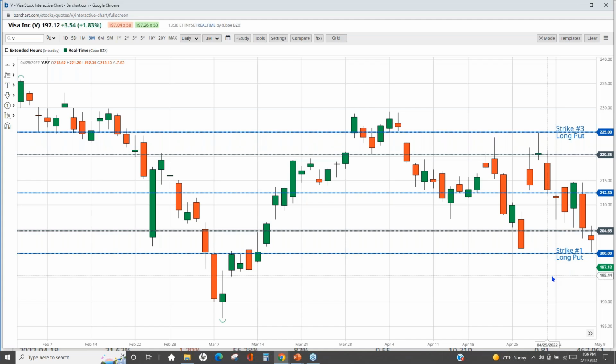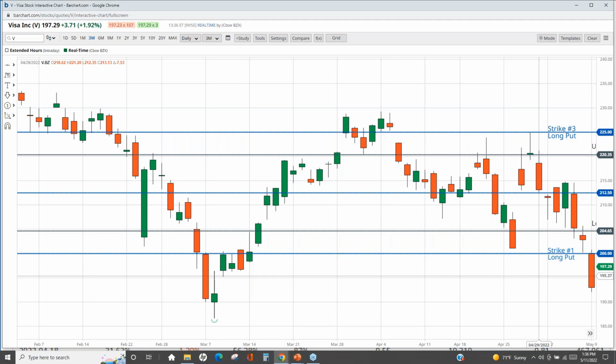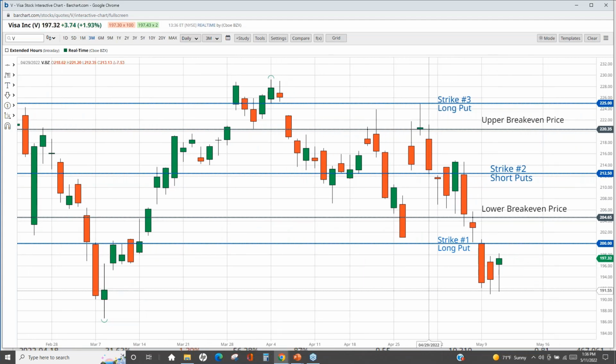Let's follow through on this trade to show you what happened. That would have been a good decision because the next day, Visa not only fell lower, it gapped lower. Gap risks we see a lot more in common with stocks, but it also gapped below my outer leg. And so at that point, I probably would have taken a substantial loss. And you can see that currently it's still outside of our leg.